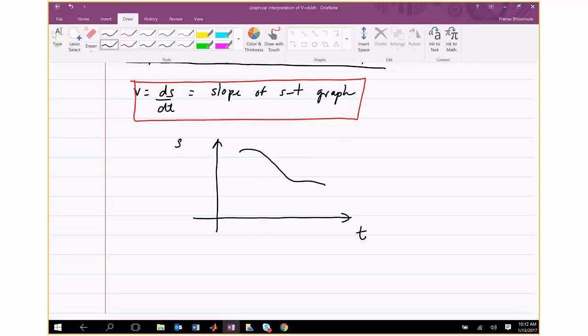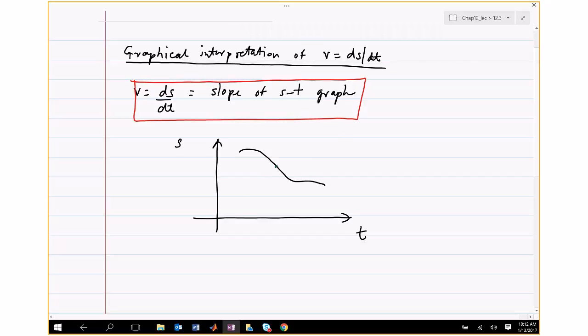Then if you want to find the velocity at a particular point, say t1, then all you need to do is get the slope. This is v equals ds dt at time equals t1. Okay, and it tells you things more than that.